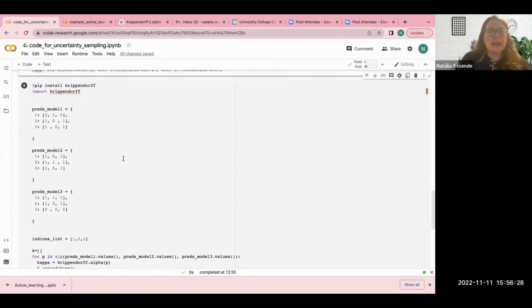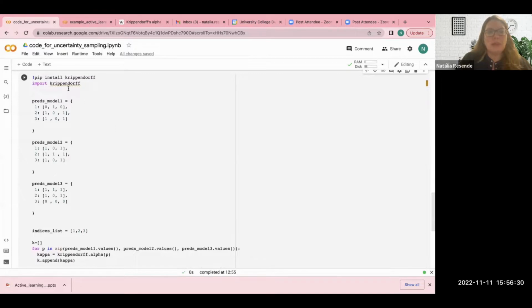For agreement, here is the code for the agreement score for multiple models. Here we have the predictions for 3 models, right? Then you calculate the agreement using the Krippendorff alpha for all the instances from the 3 models.